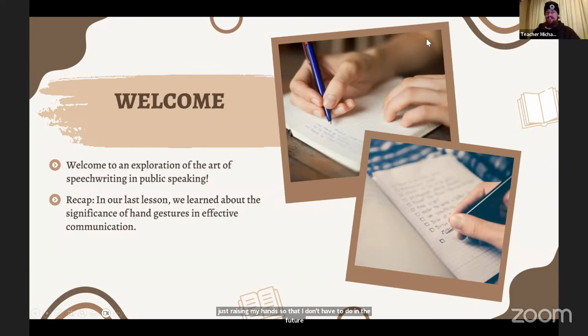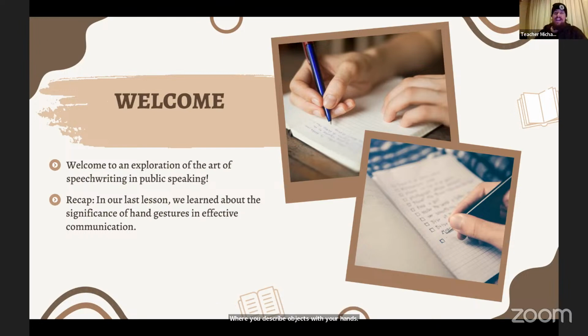So yeah, we learned a few things about how we can apply certain hand gestures into our speeches. We learned that there were 3 different types of hand gestures. There were descriptive hand gestures, which you can use to talk about the size or the shape of things, where you describe objects with your hands.